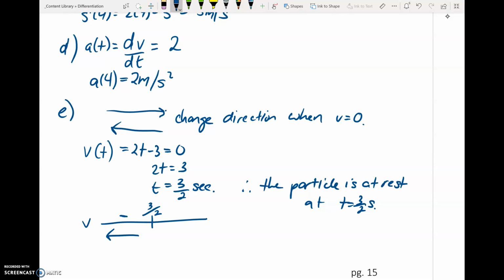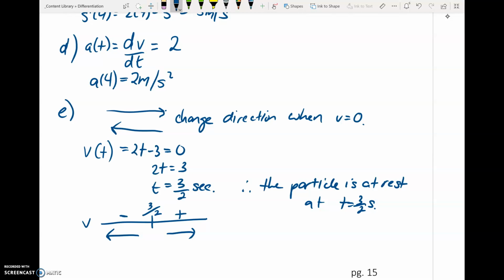Now, if I look on the other side, I need a t value, a time that's larger than 1.5 seconds. So let's pick 2. If t is equal to 2, that's 2 times 2, which is 4. 4 minus 3 is 1. We get a positive velocity here, which means we're going to the right. So that means that t equals 3 over 2, t is equal to 1.5 seconds.